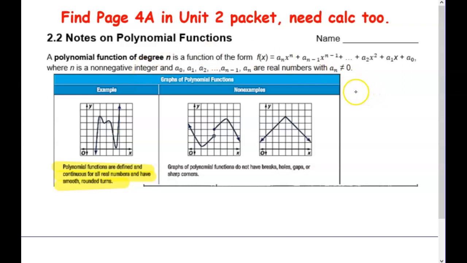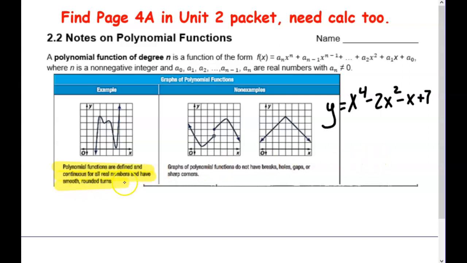In other words, you have something like this, an x to the fourth minus 2x squared minus x plus 7. That's a polynomial, okay? The powers up here cannot be fractions or decimals or negative numbers or anything crazy like that.